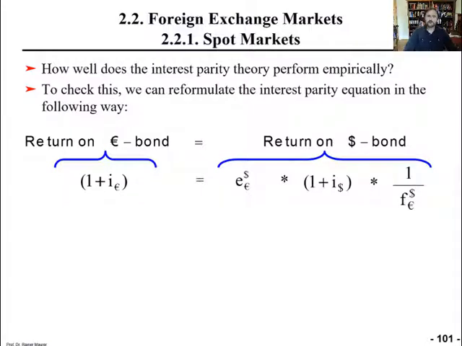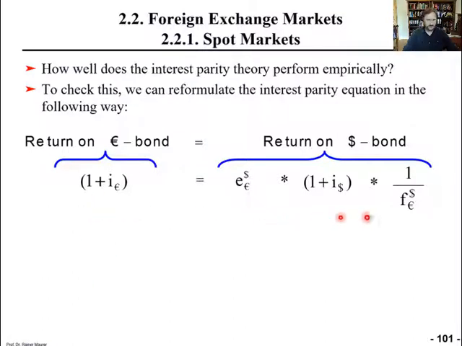In fact, a lot of empirical tests with regard to these questions have been undertaken. I would like to show the results of a test based on a diagram. This test was undertaken by the German Bundesbank a couple of years ago. To understand this diagram, we have to modify the interest parity equation in the following way.